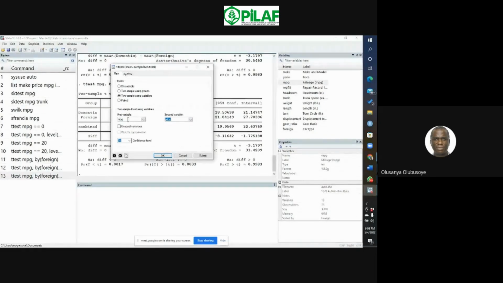So we are looking at variables. We might be testing whether the population mean of MPG is not different from the population mean of price.